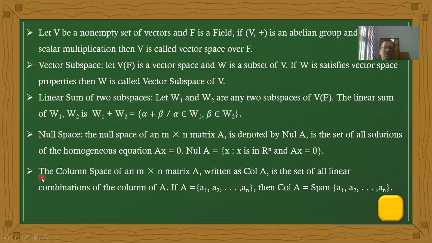The column space of an m by n matrix capital A is denoted by column A. It is the set of all linear combinations of the columns of A. That means if A contains n columns A1, A2, up to An, the column space of A is the span of A1, A2, up to An. That is the definition for column space.